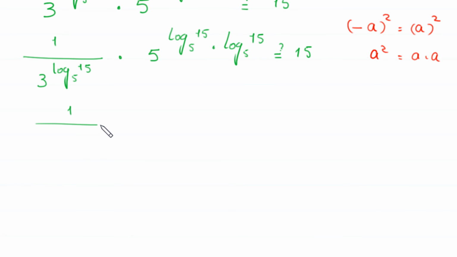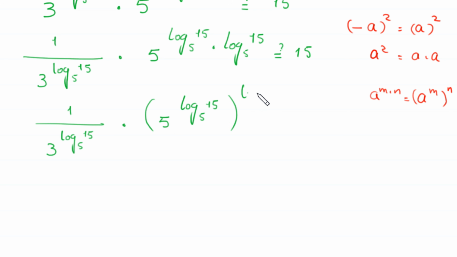Next, 1 divided by 3 to the power log base 5 of 15 times, by using this property, a to the power m times n is equal to a to the power m whole to the power n, this expression can be written as 5 to the power log base 5 of 15, whole to the power log base 5 of 15. Is it equal to 15?